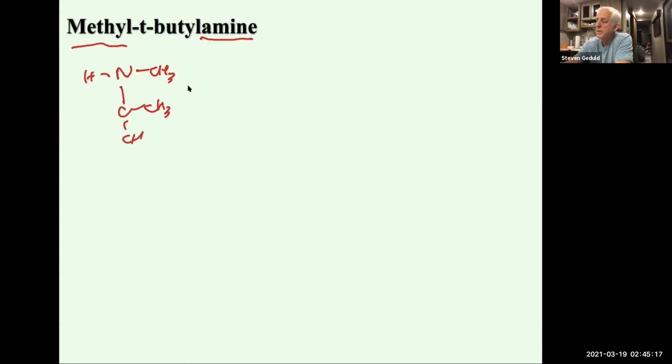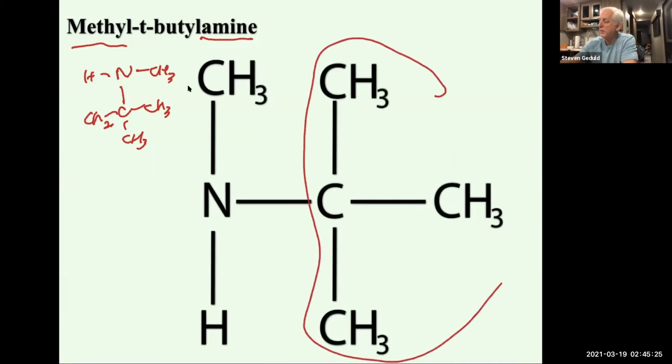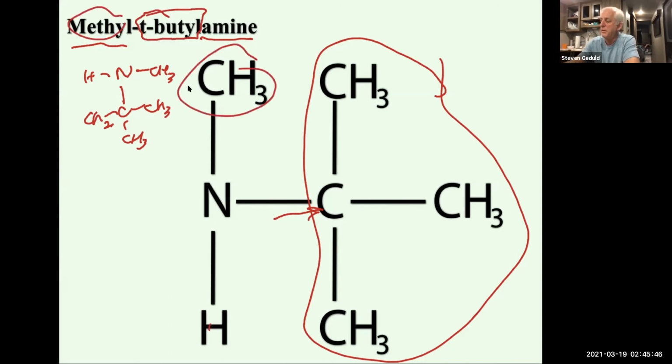Tert-butyl group is CH3, CH3, CH3. Okay, this is a tert-butyl group right here. It's 4 carbons, butyl, and they're each attached to a tertiary carbon. So it attaches right to the center there. That's your tert-butyl group. That's t-butyl right here. Okay, there's one of those. There's a methyl group, which is right here, and it's an amine, which is right here.